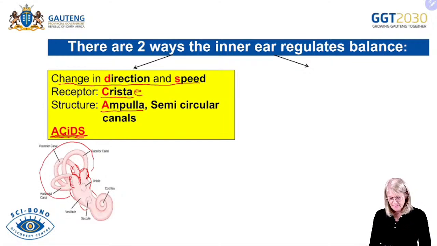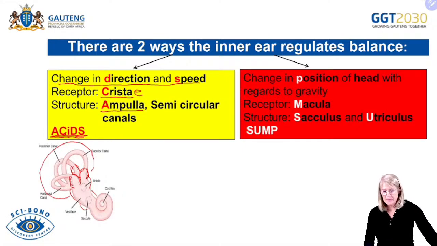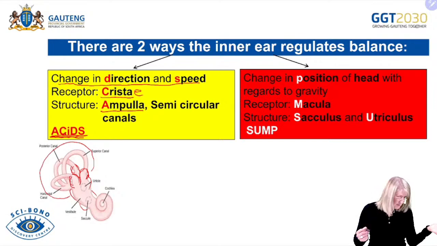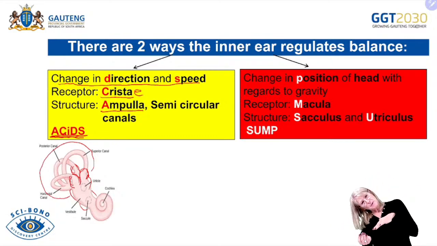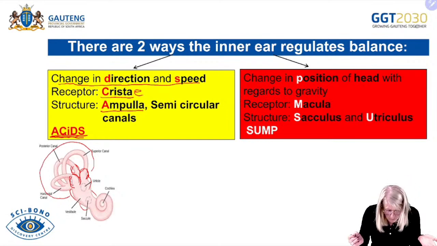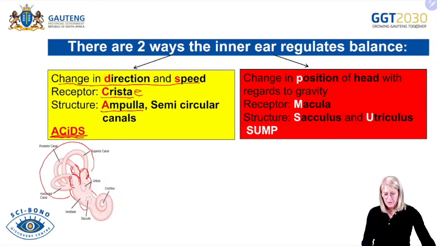Then the second way in which the inner ear regulates balance is that there are receptors in your inner ear that are receptive to the change in position of your head. If I look down or look up, I don't fall over. Those receptors, if I turn my head this way or that way or forward, mean I'm not going to fall over. Those receptors are found in your sacculus and utriculus, and are known as the macula.